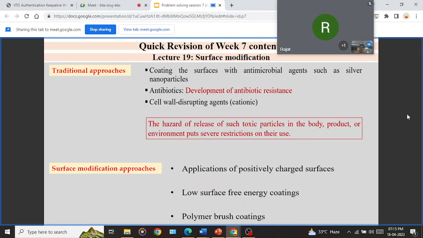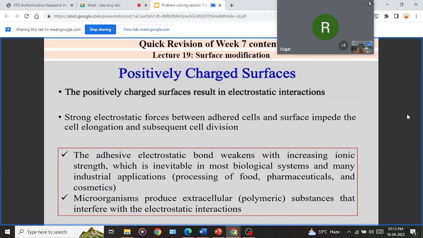involving, firstly, the application of positively charged surfaces. So we'll go through it one by one. So what are these positively charged surfaces? If you coat various positively charged surfaces over the biomaterial, what will it result in? Various electrostatic interactions.